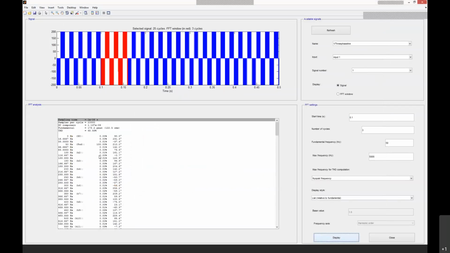So let us see what will happen. You can see this fundamental, and here some interharmonics, right? This corresponds to 66.6667 Hz with a value of 0.01. You can also have some even order harmonic, 0.06, corresponding to 133.333 Hz. That is also an interharmonic, with values around 0.01%, right?